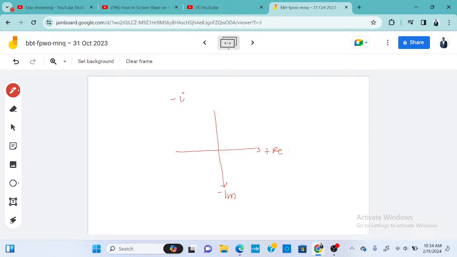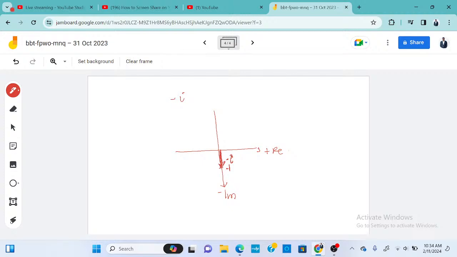So it is 1 unit on the negative imaginary axis. So I'll place, let's say, negative 1 somewhere here. So I'll simply draw my complex number, which is negative i, like this, z equals negative i.